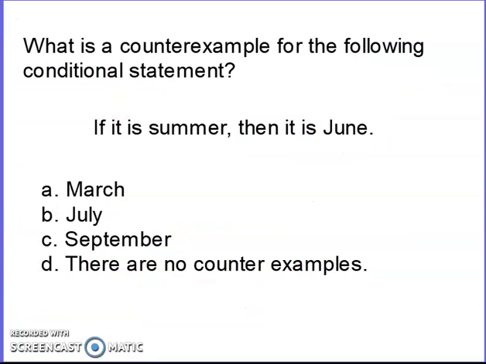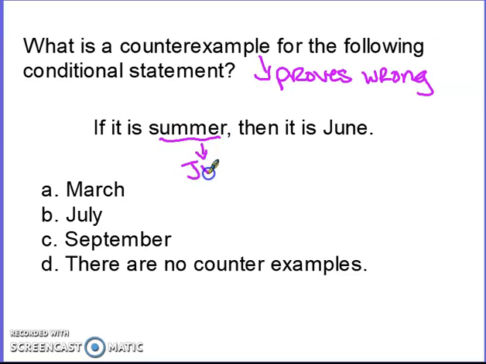Now, what is a counterexample for the following conditional statement? The big thing to keep in mind here is a counterexample proves something wrong. So if you can prove or give a reason to prove something wrong, then it's not true. So if it is summer, then it's June. Well, if I talk about summer, I know that I have 3 months.